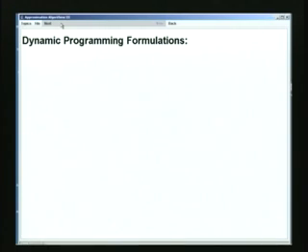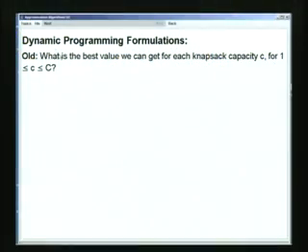So let me quickly go over the dynamic programming formulation that we have studied earlier, and then I will tell you how our new dynamic programming formulation is going to be different. Here is the old formulation. What we asked over there was what is the best value we can get for each knapsack capacity little c, where c is an integer anywhere between 1 and capital C. Capital C is the integer given to us as a part of the problem instance.